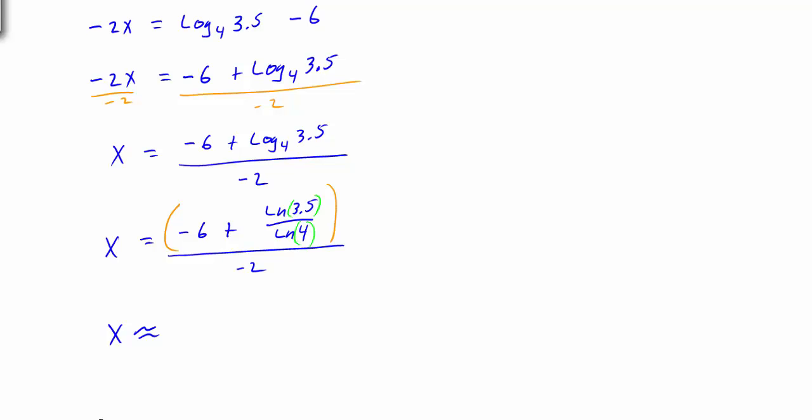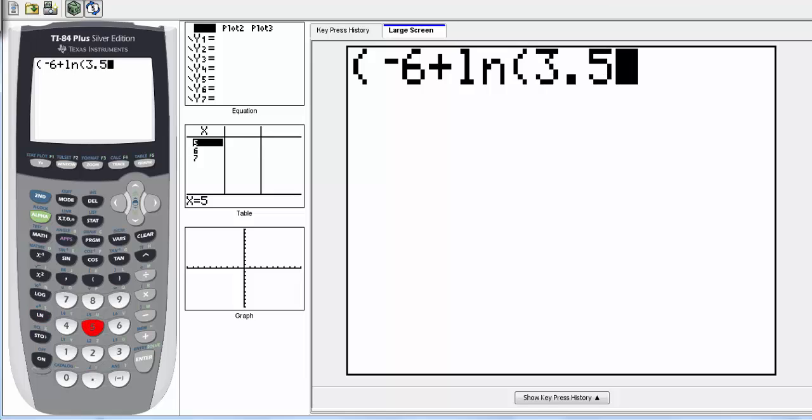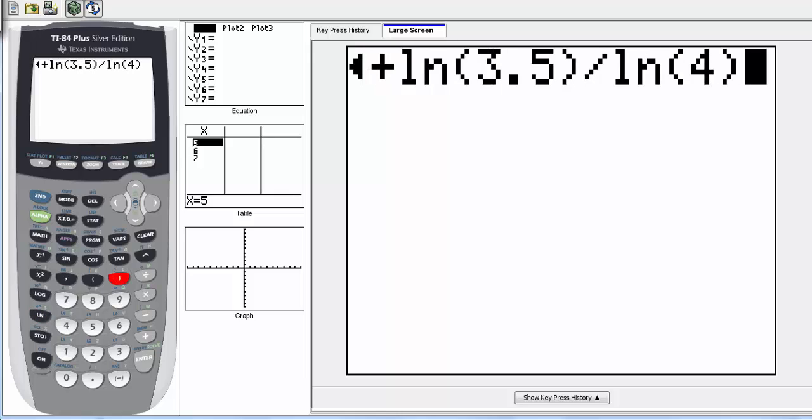So on the calculator, we type in parentheses, negative 6, plus the natural log of 3.5. Make sure we close the parentheses, so we're taking only the natural log of the 3.5 divided by the natural log of 4, and again we close the parentheses on the natural log of 4.